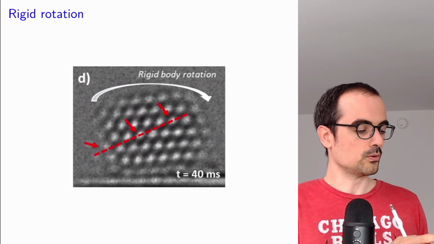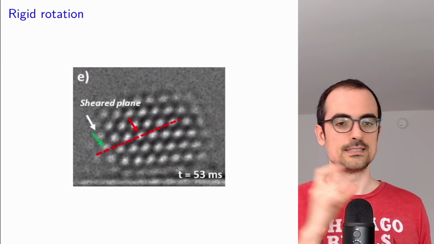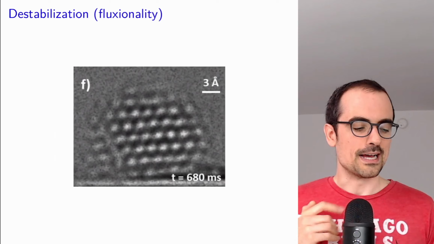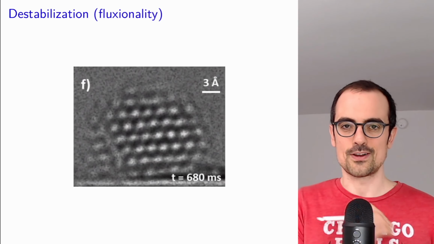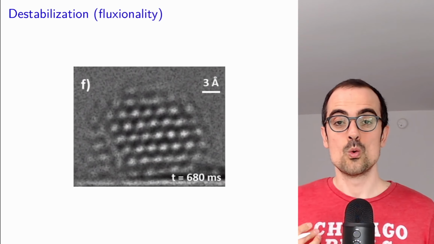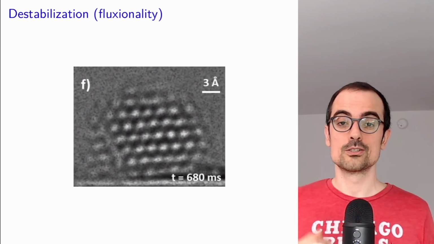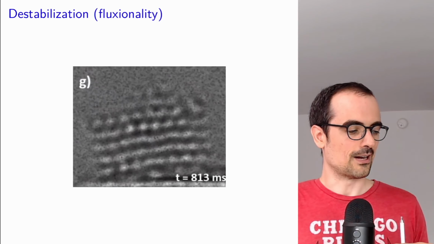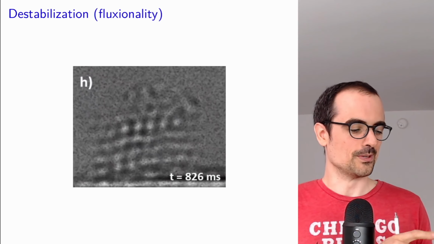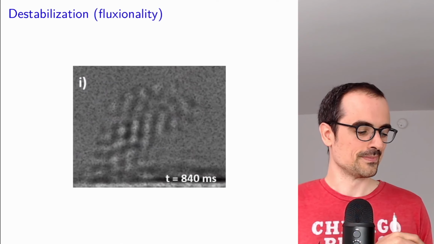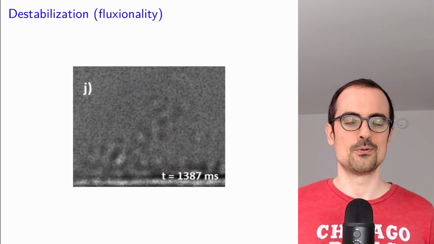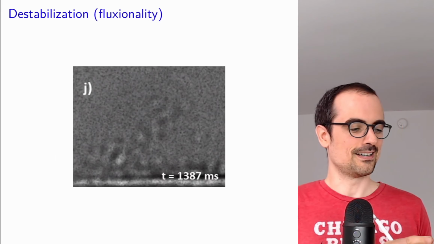Okay, so between these two frames, the nanoparticle rotated. And finally, my favorite one, which is this fluxional behavior, where the atomic structure of the nanoparticle becomes completely destabilized. We see how essentially it melts within the image, which is very cool. Again, for the scientific details about all of this, I will refer you to the Science article.